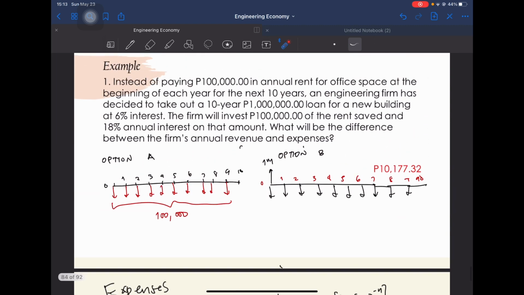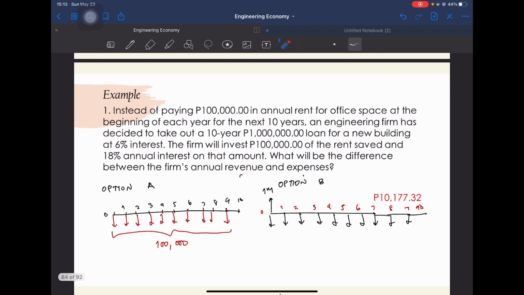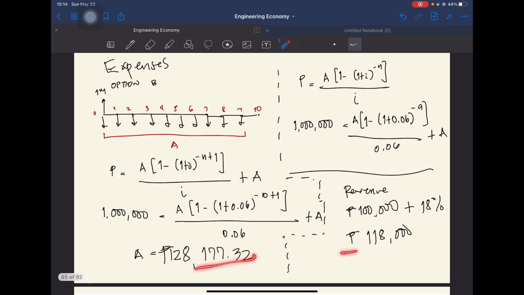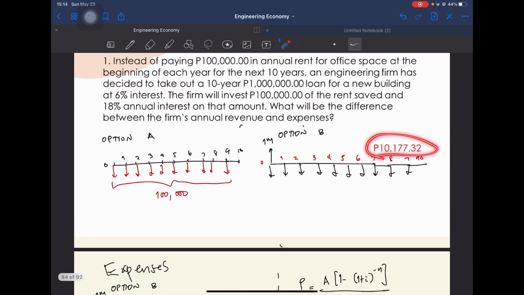Pero if you will be just operating for 10 years, then this decision is bad kasi nga yung kinikita mo kasama yung interest doon sa iyong 100,000 pesos mas maliit kaysa doon sa expenses mo dahil doon sa interest din na meron yung iyong expenses. Okay? So, ito ang sagot natin, yung difference nito, which is 10,000. They have 10,177.32 less because of their payment para dun sa 1 million peso loan for a new building.